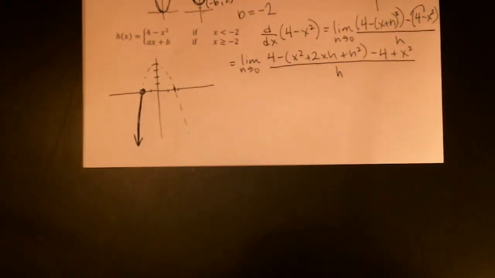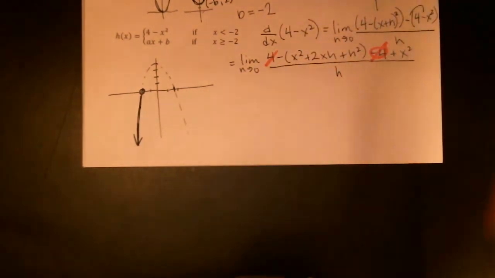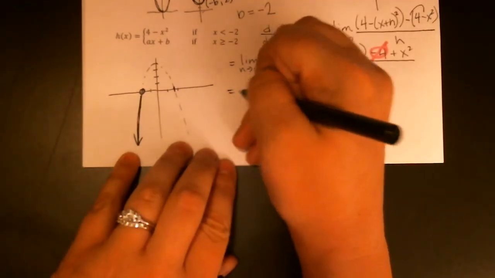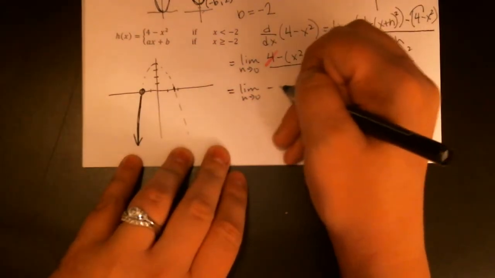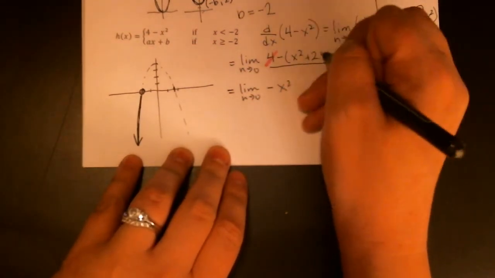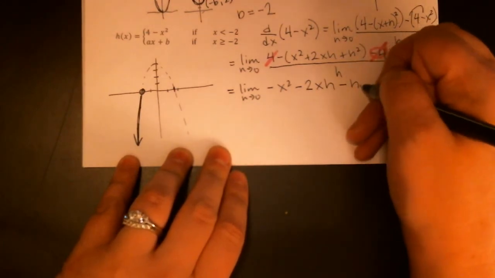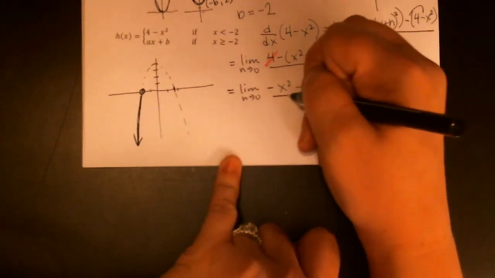And we can cross out the 4's right now. This 4 is gone and this 4 is gone. So we'll end up with, as h goes to 0, a negative x squared, so distribute your minus through, minus a 2xh minus an h squared, and then we still have that plus x squared at the end.